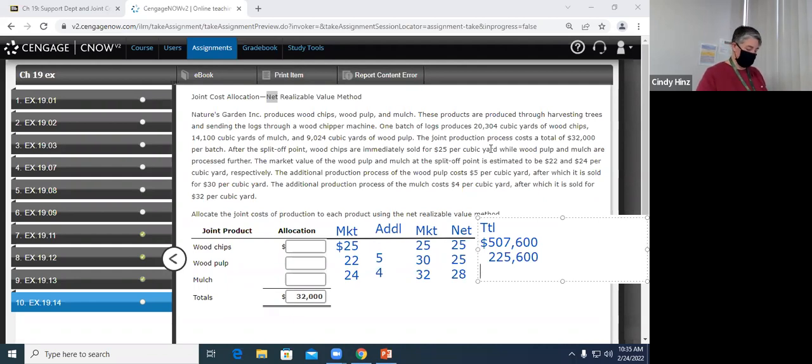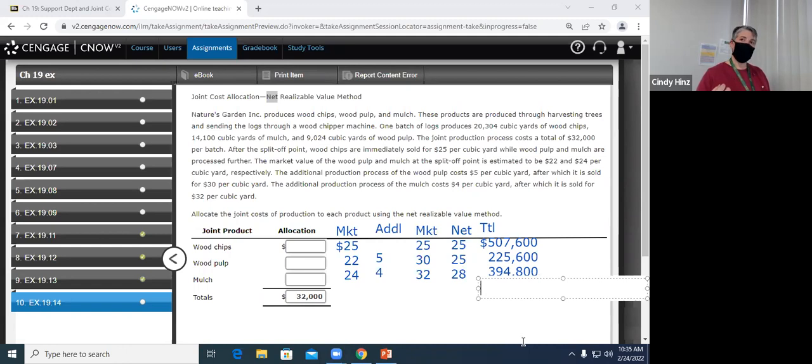Last, our mulch, 14,100 cubic yards of mulch at $28 net realizable value after we pay for the extra processing. And there's our totals. So let's total those up to find out the total revenues we're going to get, net revenues after we pay for the additional processing.